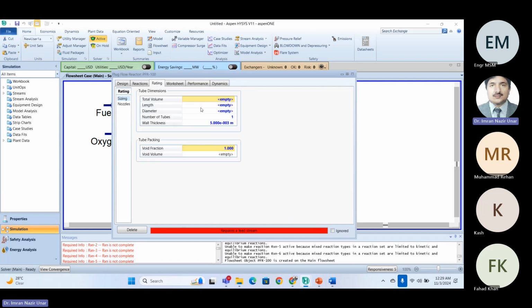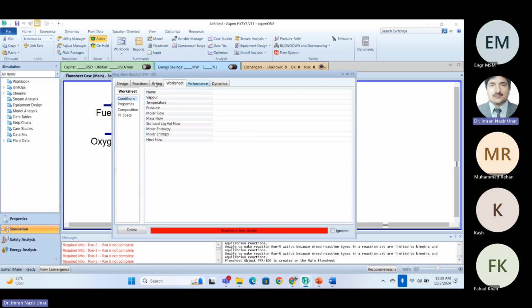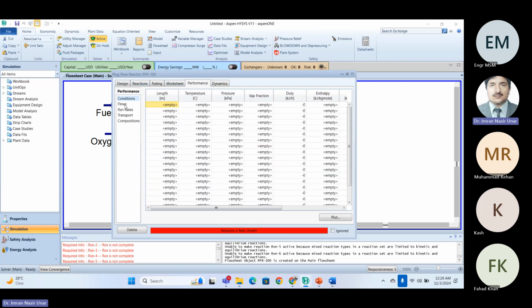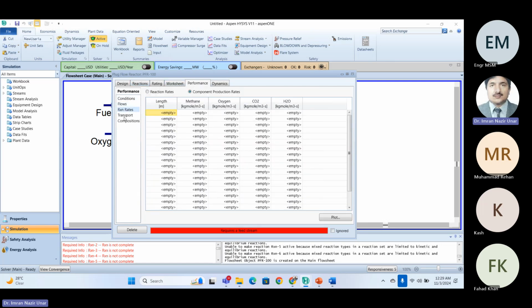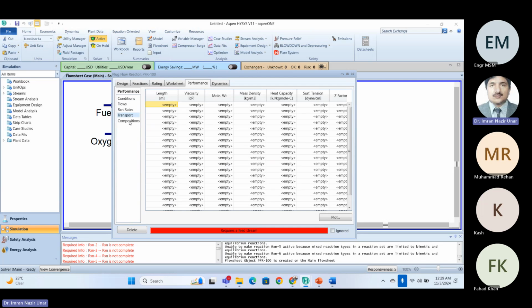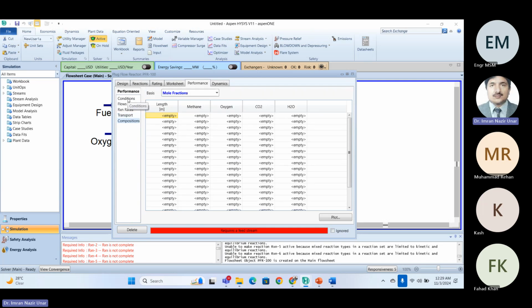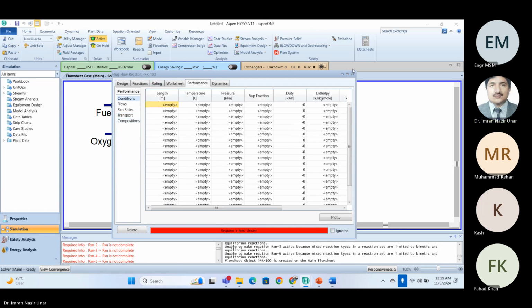Then rating, total volume, number of tubes, only one tube, or there are so many tubes, wall thickness, and then how much length is there, and what is the diameter. These are the dimensional parameters. Otherwise, you cannot get the results. And then you can see the performance, reaction rates, transport coefficients, and the composition of all the substances.